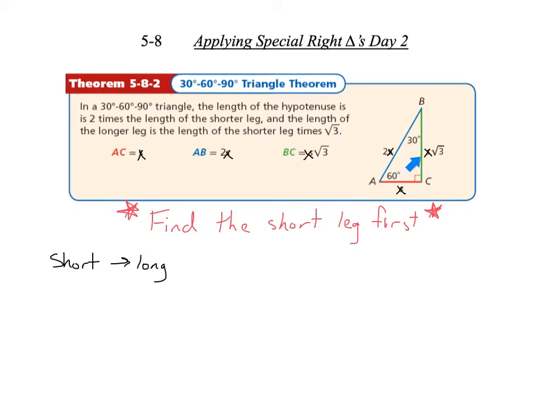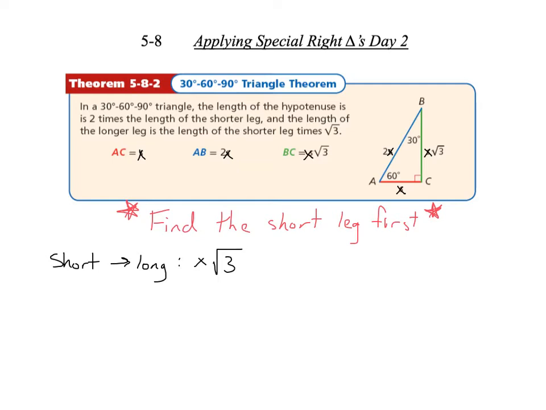We've actually just multiplied by the square root of 3. So going from a short leg to a long leg, you need to multiply. Hopefully that's not going to confuse you. That looks like an x, doesn't it? Multiply by the square root of 3. That's a multiplication symbol, guys. Sorry. So if I need to find the long leg and I've got my short leg, to go from the short to the long, you multiply by the square root of 3.